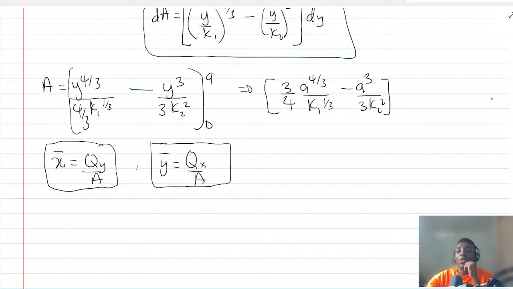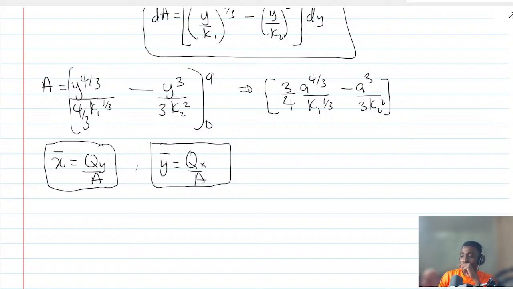Someone asked, why was the dQ introduced? Basically, the dQ there is the elemental first moment of area.